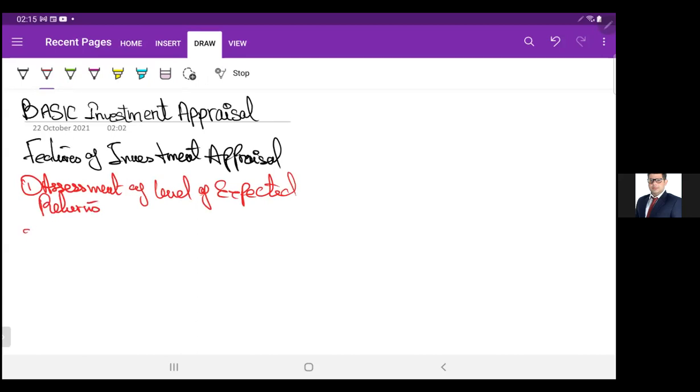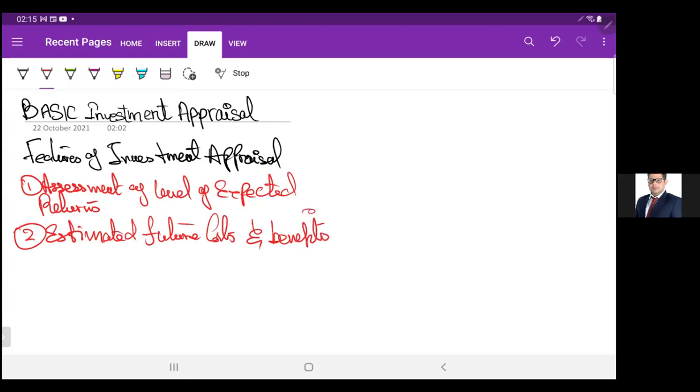And number two, estimate future cost and benefits over the project life. These are the features of investment appraisal.